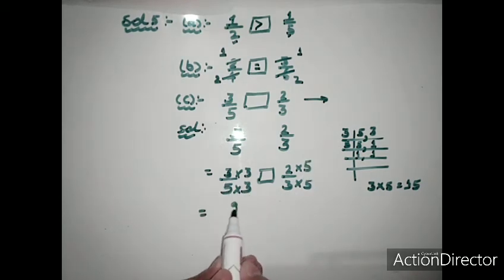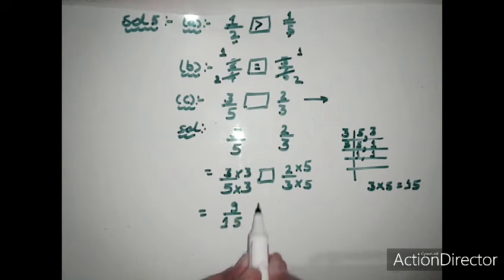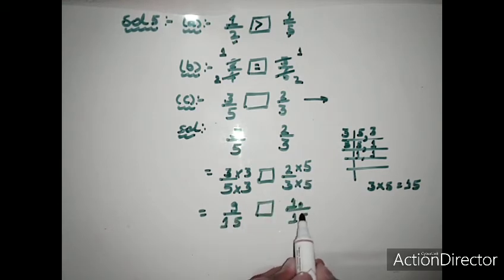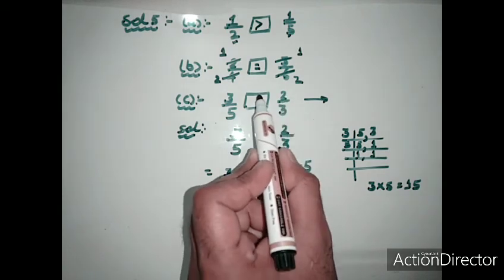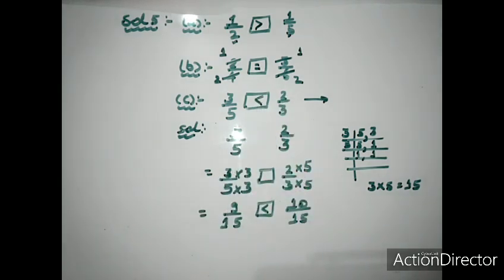Now 3 threes are 9 and 5 threes are 15, and 2 fives are 10 and 3 fives are 15. So here we get 9 upon 15 and 10 upon 15. Out of these two fractions, 10 upon 15 is greater. So 2 upon 3 is greater as compared to 3 upon 5.